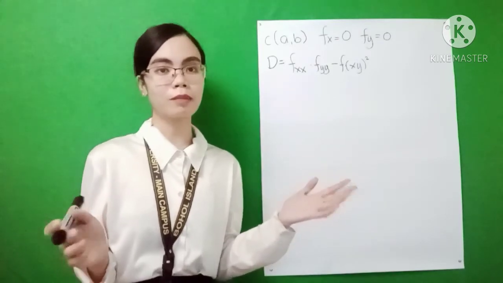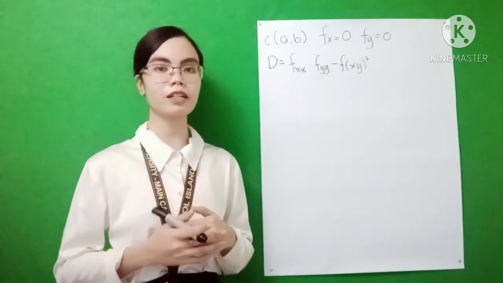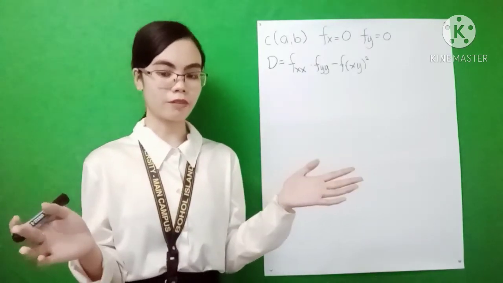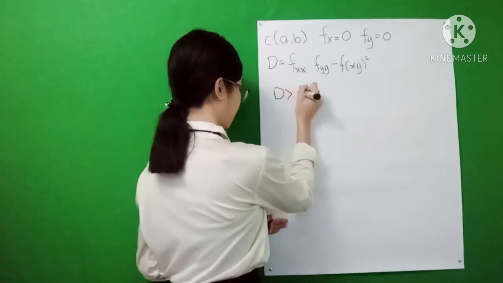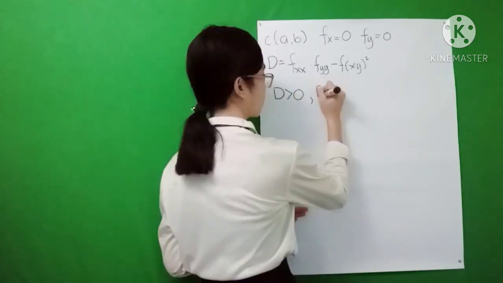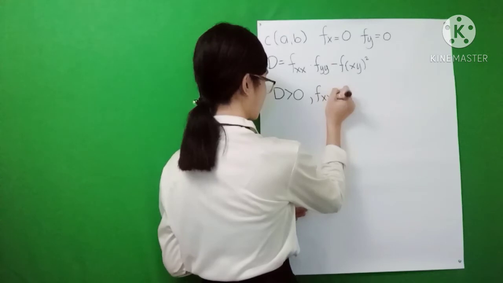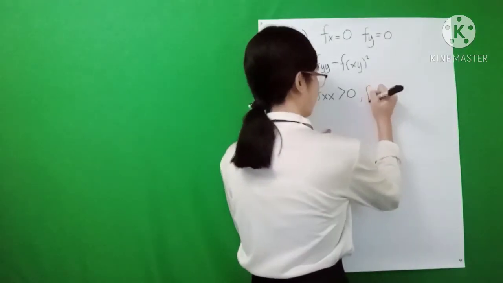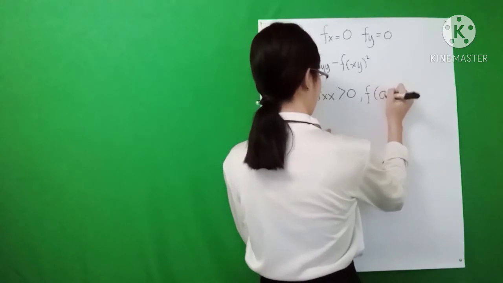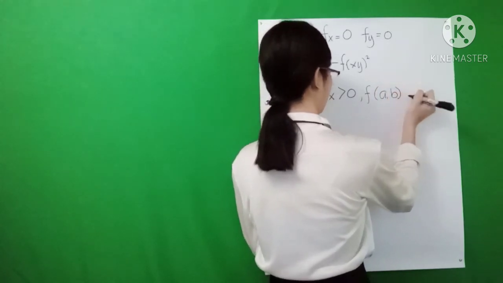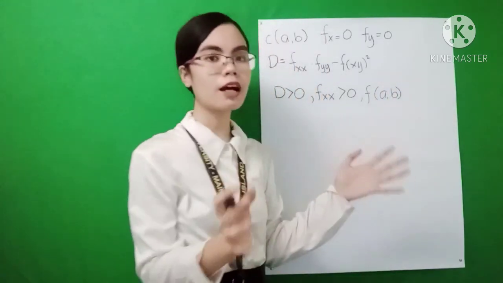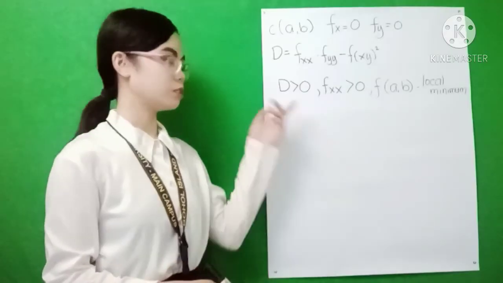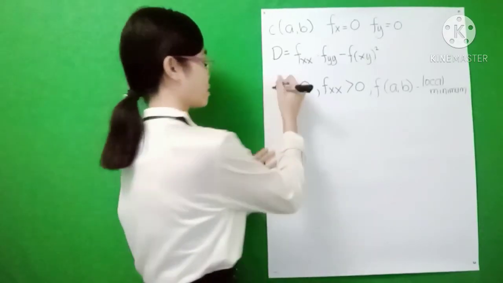So now that we have the value for D, we can now identify the points that we have. If D is greater than 0 and f double x is greater than 0, the function evaluated at a, b is a local minimum. So this would be the first case.